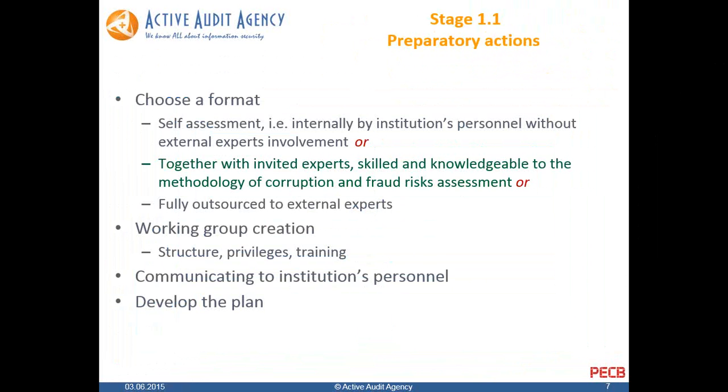Our legislation requires the organization to prepare this corruption response plan, and the organization could do it themselves, or they can invite some experts who know how to do this and have experience in risk assessment, and that's the other format. Have I answered the question?